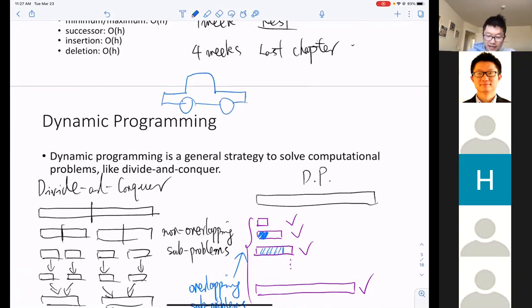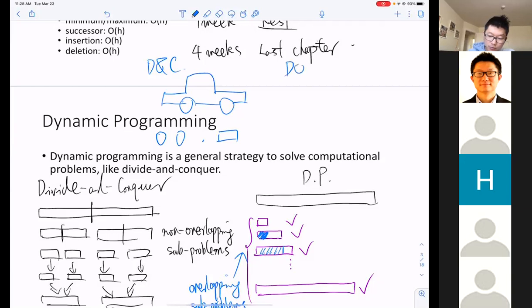In merge sort, if we use the divide and conquer philosophy, we move the wheels, and then we move the engine. We basically move each individual piece into the garage or junkyard. That is what we do with divide and conquer.